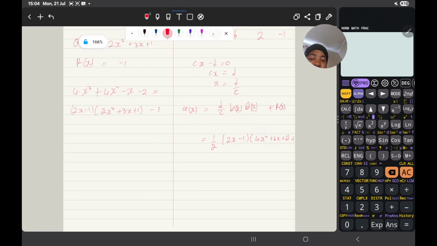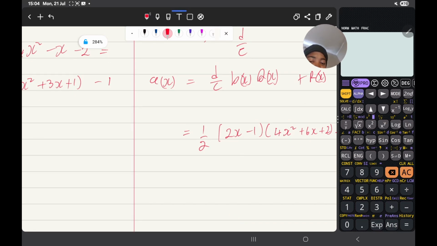Here you can take out 2 as a highest common factor: 2 times 2x squared plus 3x plus 1, minus 1, and this 2 cancels with the other one.